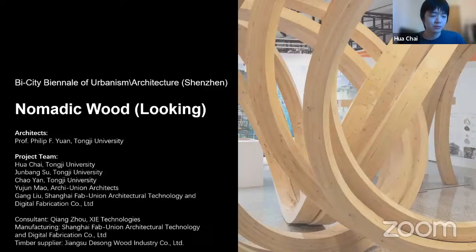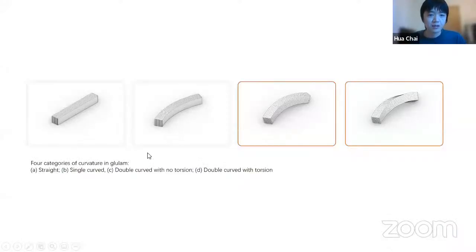This project, the Nomadic Wood, is an installation developed for UABB 2019 in Shenzhen, which aims to tackle the customization of double curved glue-lam structures.